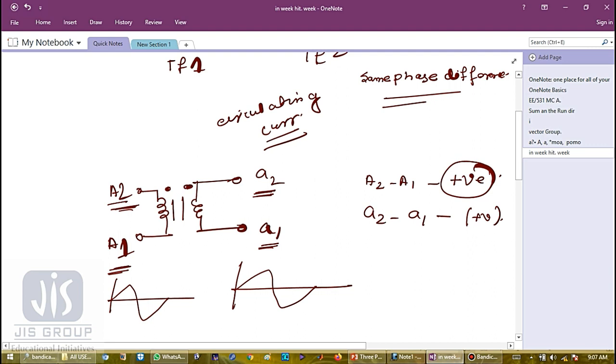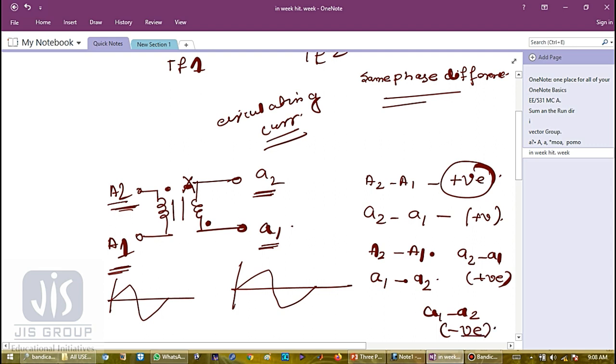Now if this dot, instead of here, remains here, then when A2 is positive with respect to A1, in secondary it is opposite, a1 is positive with respect to a2. That means if A2 A1 is positive, then a1 a2 is negative.